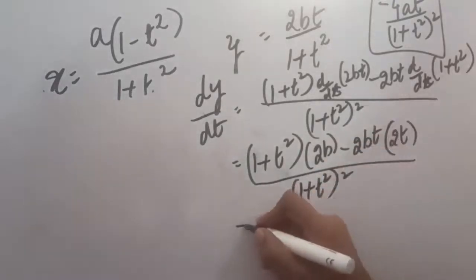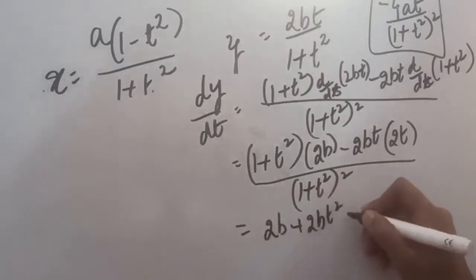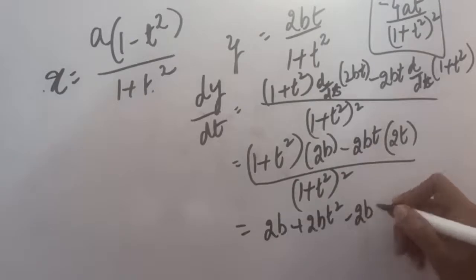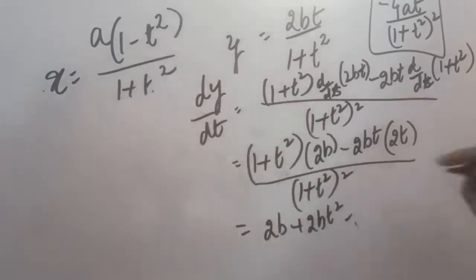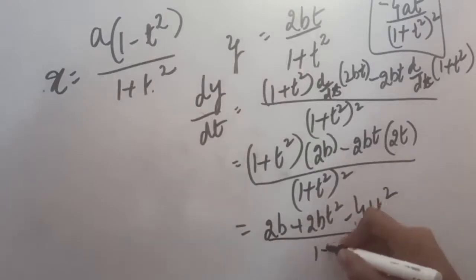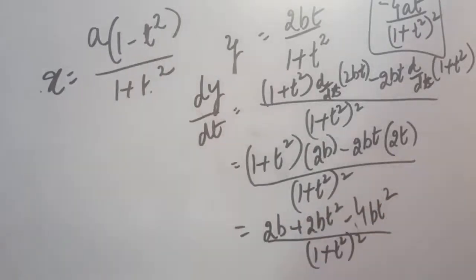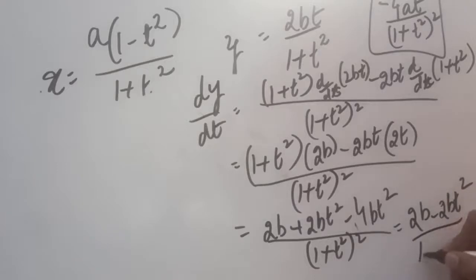Now opening the brackets, it will be 2b plus 2bt square minus 2 into 2 is 4, so it will be minus 4bt square divided by 1 plus t square whole square. So solving this further, it will be 2b minus 2bt square divided by 1 plus t square whole square.